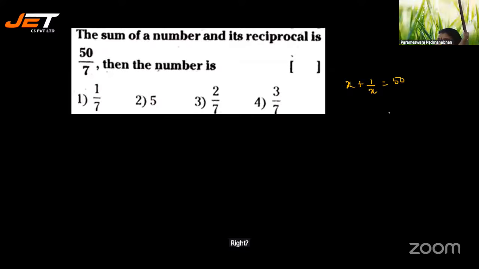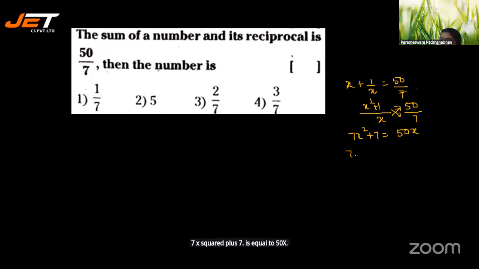Right? So now when we take the LCM, we get x square plus 1 is equal to 50 by 7. So when we cross multiply, what do we get? 7x square plus 7 is equal to 50x. So 7x square minus 50x plus 7 is equal to 0.